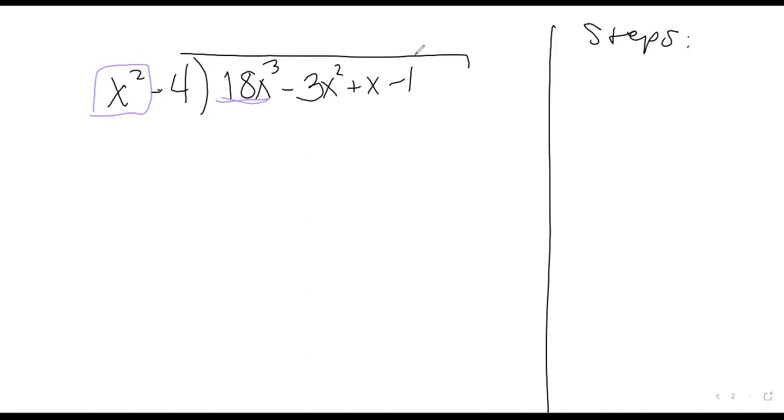So step 1, look at the first terms of the, and I'm just going to call them the divisor and the dividend because those are their proper names, of the divisor and dividend.